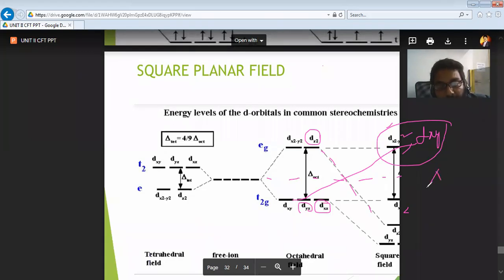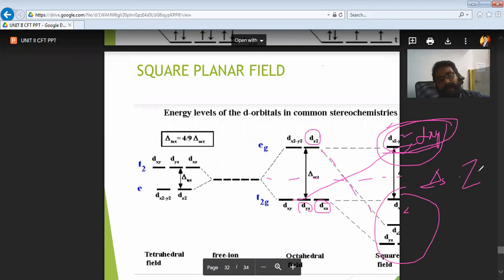This is the square planar, with delta S. These two orbitals are more repulsive. The remaining are not as repulsive because of the absence of the z-axis. That is the reason they settle down in lower energy. That is the important one.